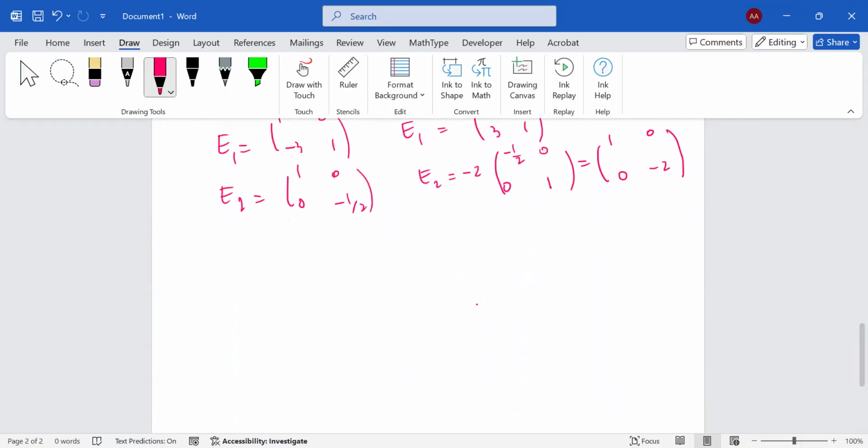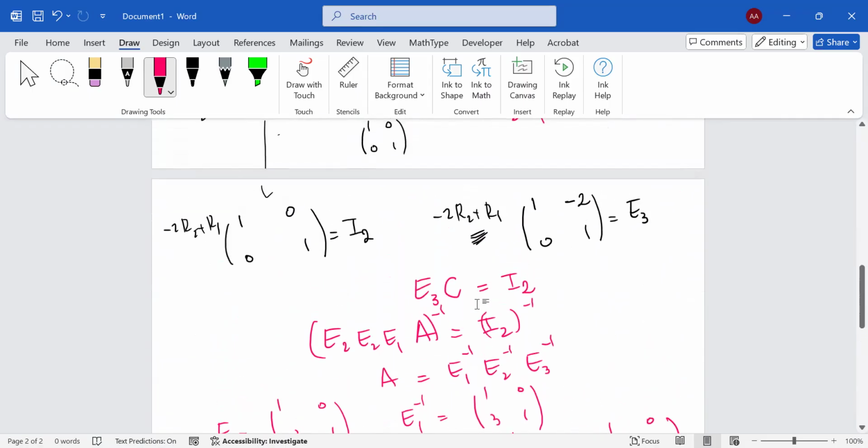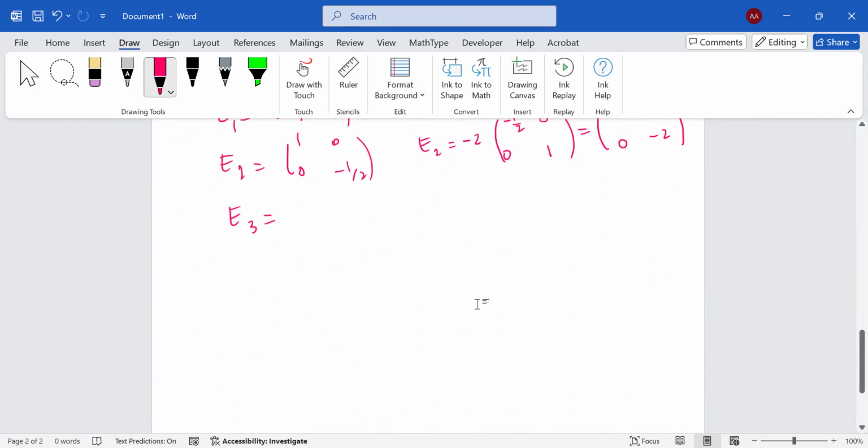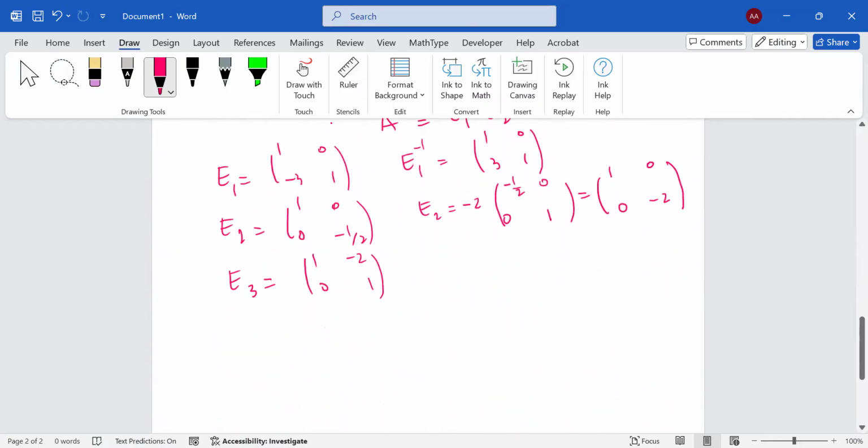And finally, E3 is 1, 0, negative 2, 1. That's E3. So E3 minus 1, the inverse, here the determinant is 1, so it's going to be 1, 1, 0, 2.